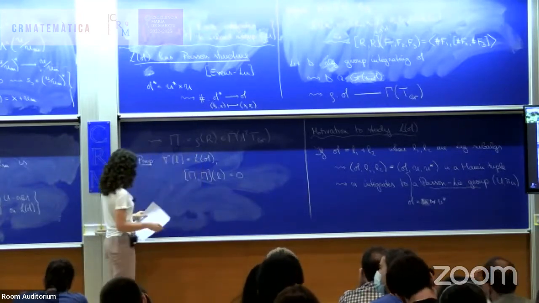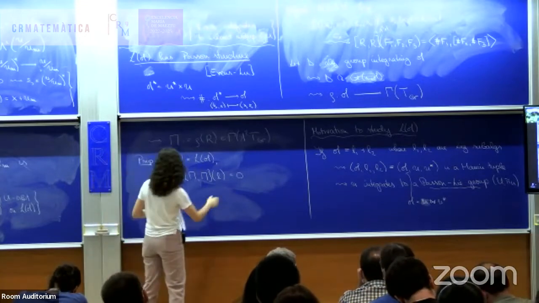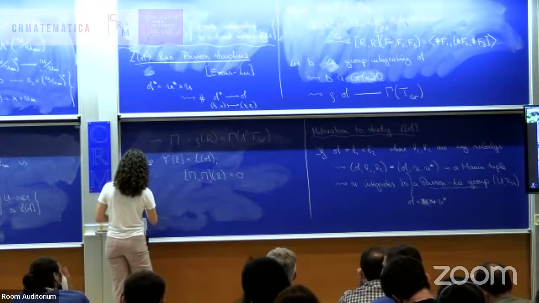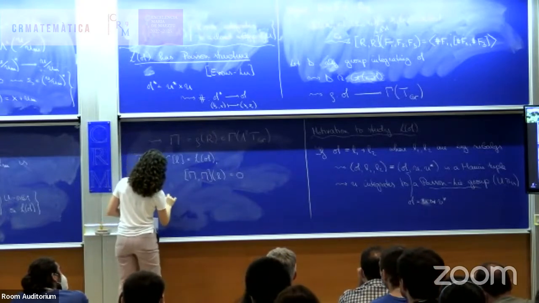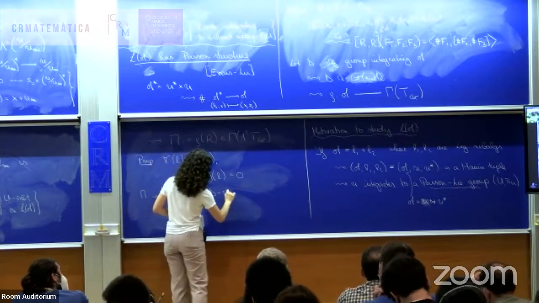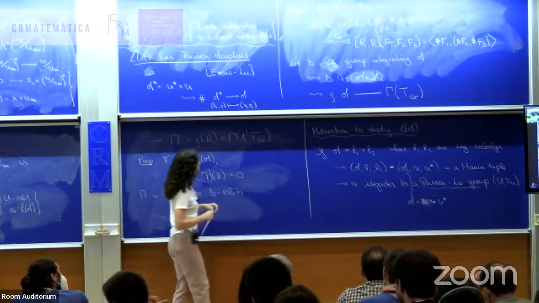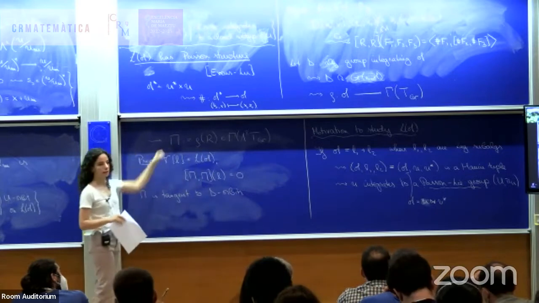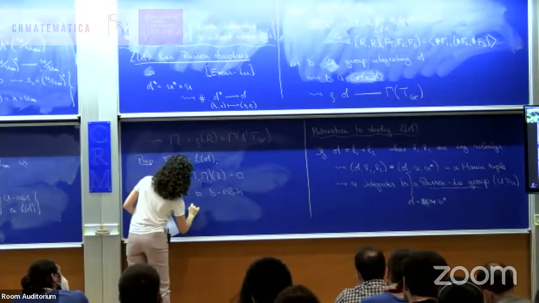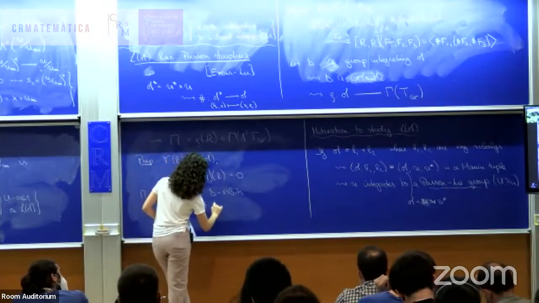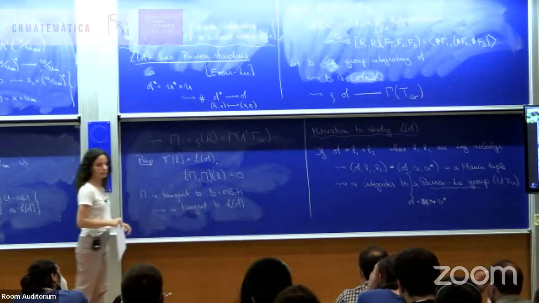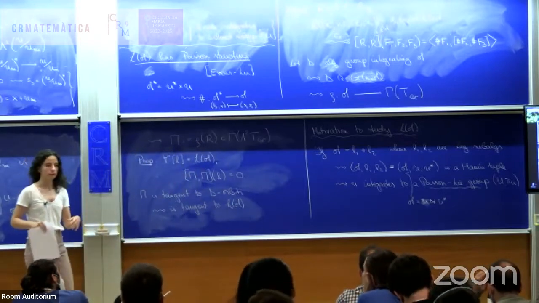So what happens? Well, because pi is tangent to the D orbits on the Grassmannian coming from the action of D on the Grassmannian, it is tangent to the variety of Lagrangian subalgebras, which is a D-stable subvariety of the Grassmannian.